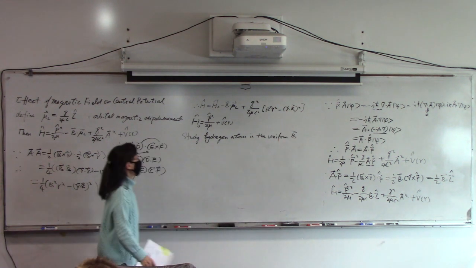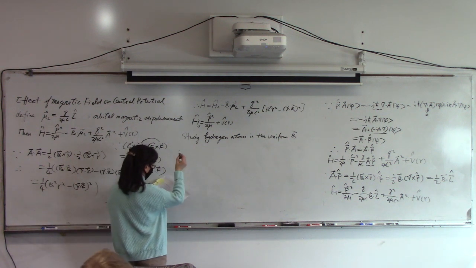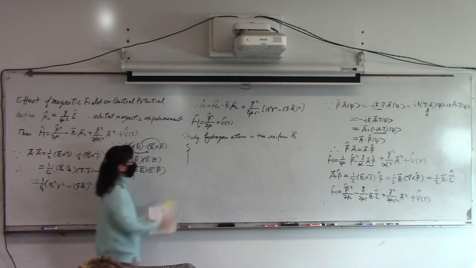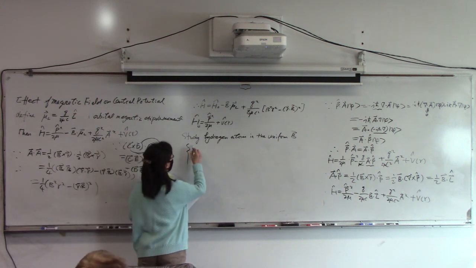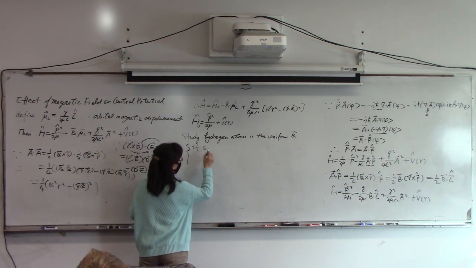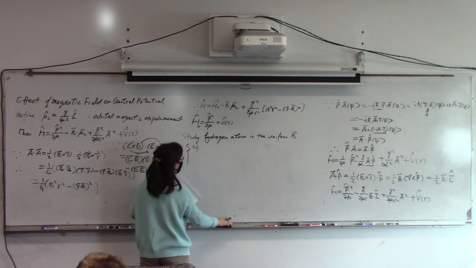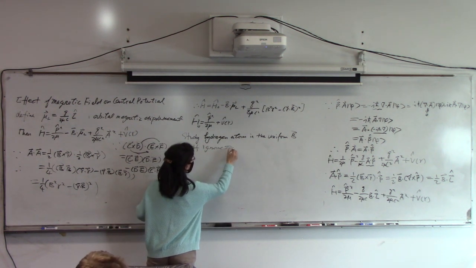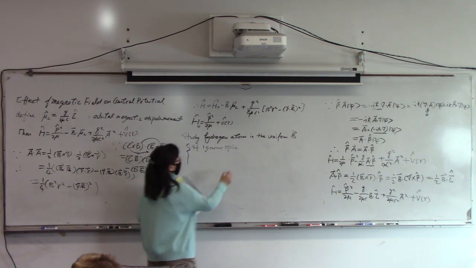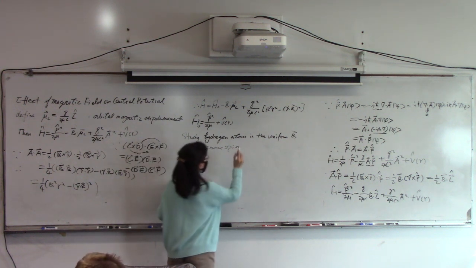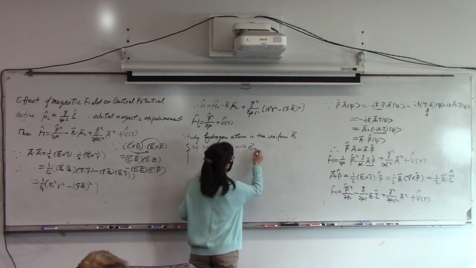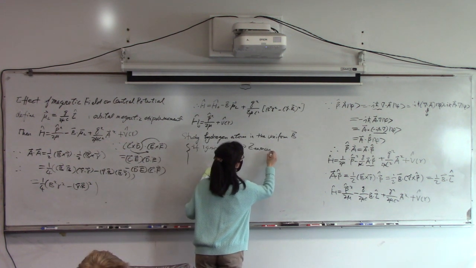Let's continue this. There are two ways. If we ignore spin, we do not consider spin, then this effect is called the Zeeman effect.